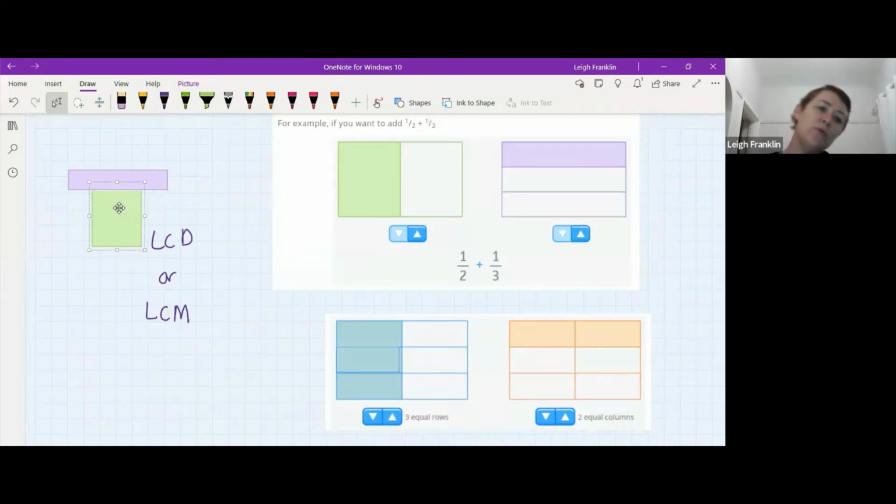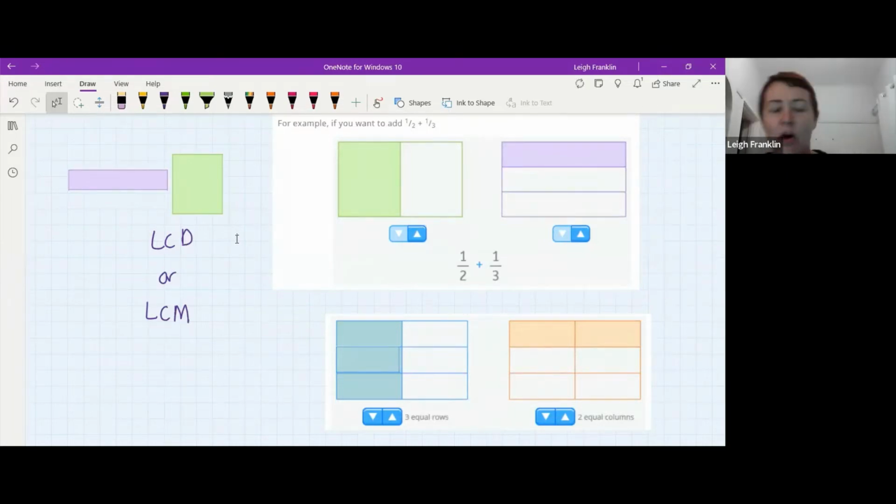You can see me moving them all over the screen and putting them next to one another and on top of one another, and it still doesn't give me an idea of how big this fraction is. How many parts out of a whole have I actually got? That's why we need a lowest common denominator or lowest common multiple.